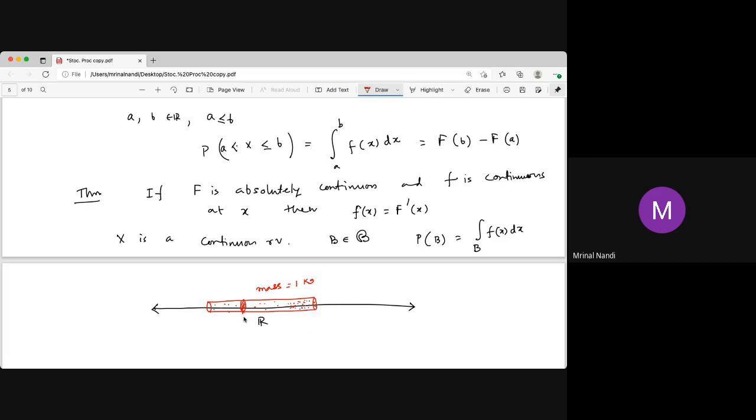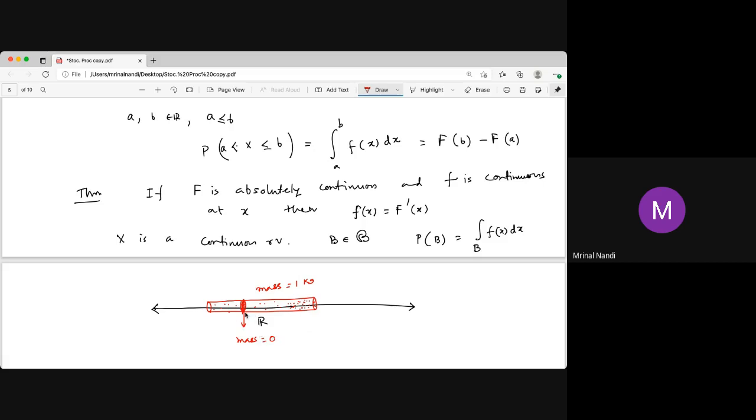You know that the mass of a cross section is 0 because its volume is 0. This is only area, so its length is 0. The area may be some pi r square, but the length is 0, so the volume is 0. That's why the mass is 0.